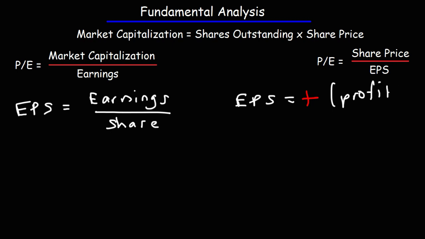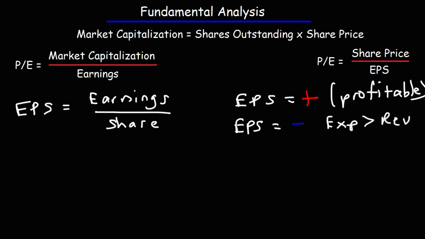Not all companies have a positive EPS value. So if you were to see a company with a negative EPS value, then this indicates that the company is not profitable. This means that the expenses for that quarter exceeds the revenue.